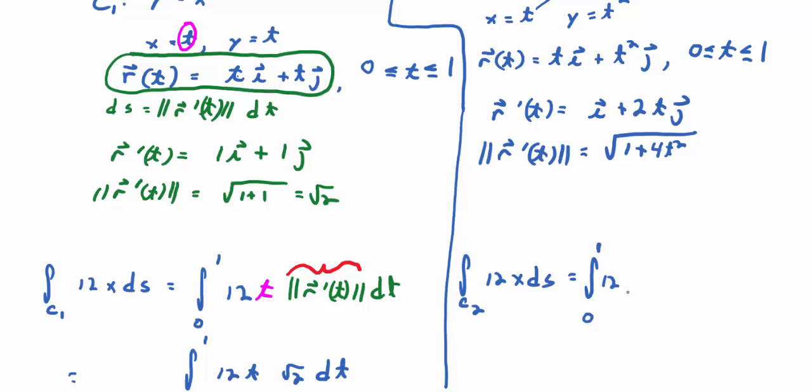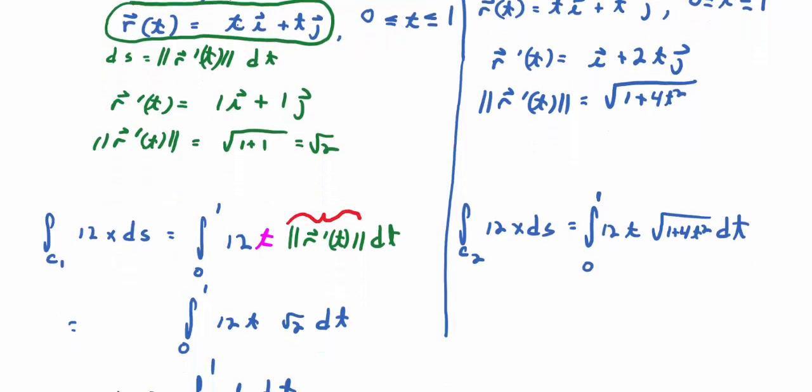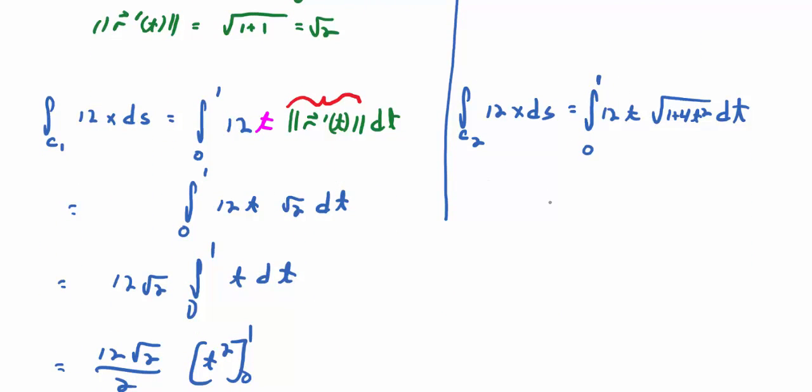It happens to be the same, but then it changes. ds is going to be magnitude r prime of t, which is square root 1 plus 4t squared dt. Okay? This isn't so bad, you guys. I can pull out a 12, and then I have t times the square root of 1 plus 4t squared.